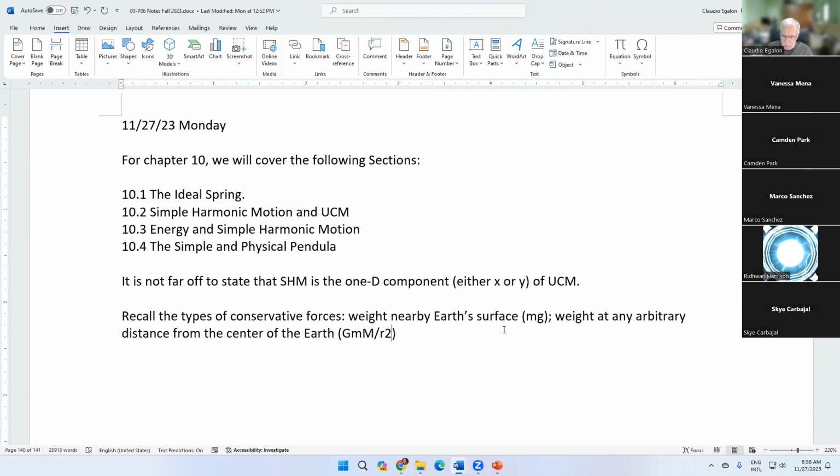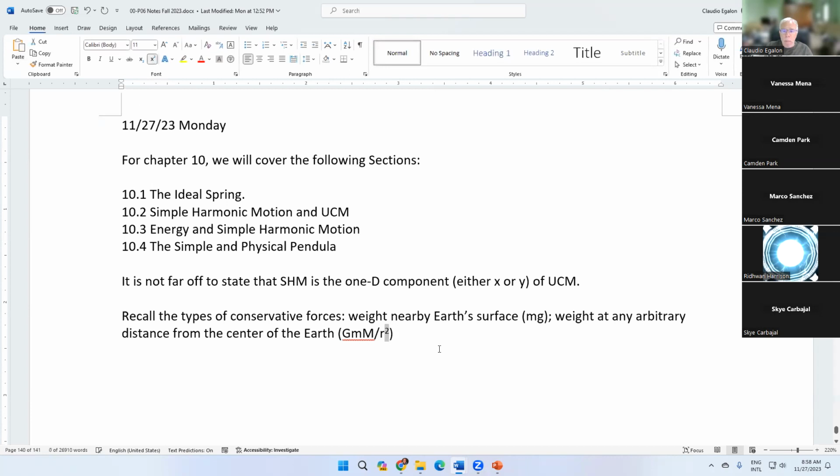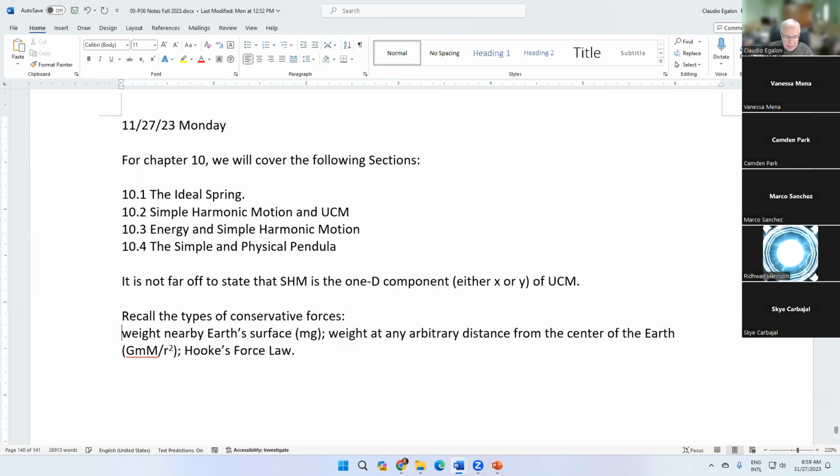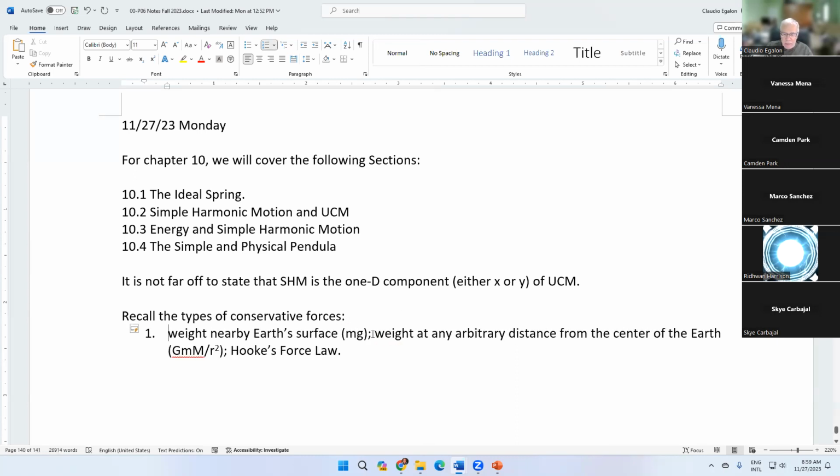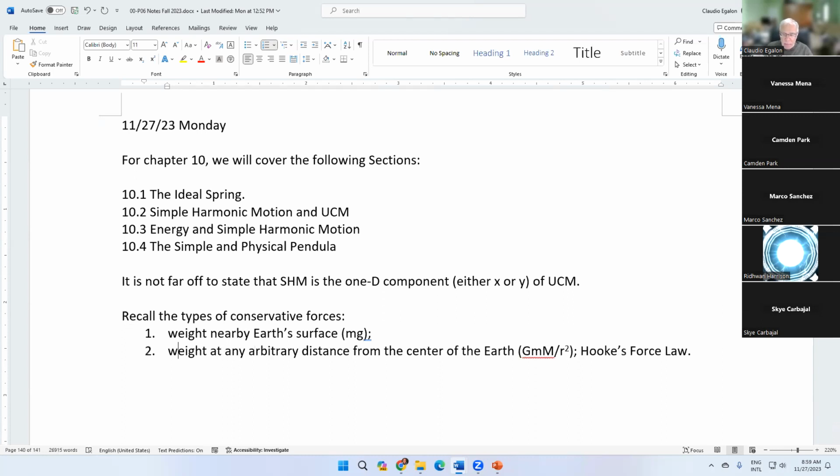That's the universal gravitational law. And the other type of conservative force that we saw was Hooke's law, Hooke's force law, which, by the way, ends up being the simple harmonic motion. Those are the three important types of forces that we have. It's very important that you memorize that.